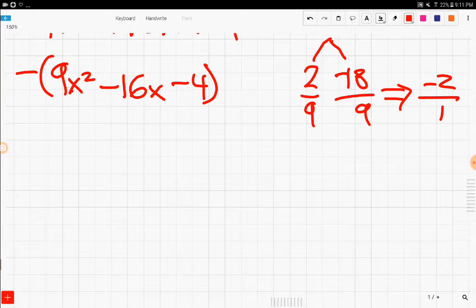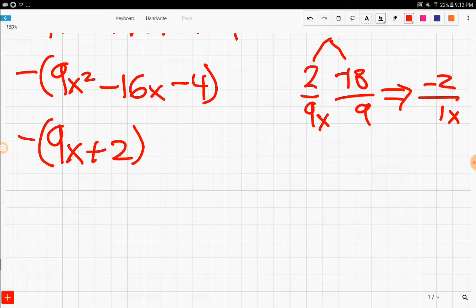So what you're going to do is take the bottom term from 2 over 9 and make it an x, and the bottom term from your new simplified one and make it x. And then what you're going to do is change this to negative times 9x plus 2 and x minus 2.